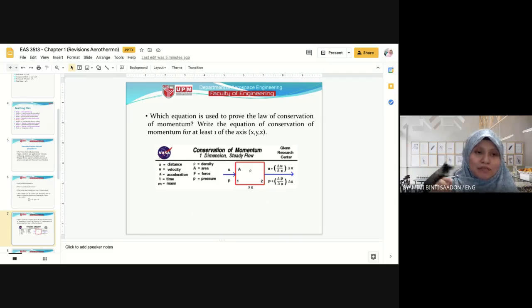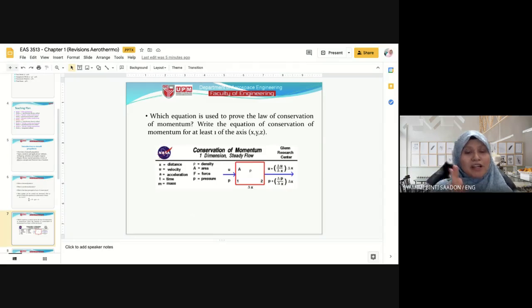To be precise, the sum of force equals to mass times acceleration, or mass flow rate times velocity. So that is the basic law of conservation of momentum. Here for this example, the force will be the surface force. So P over A?